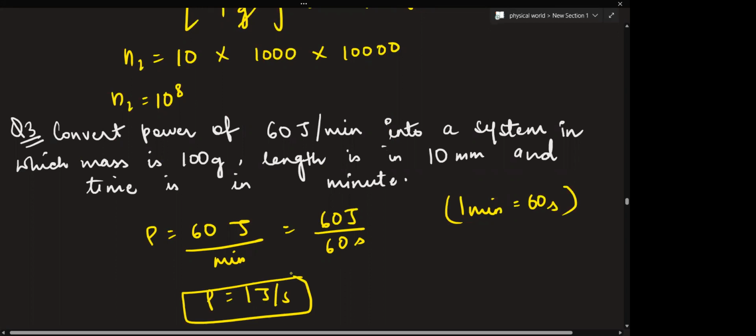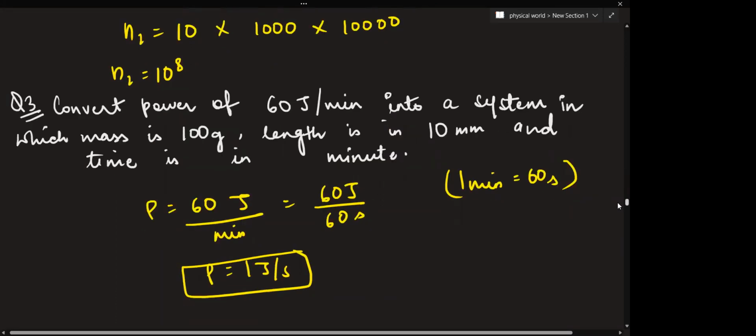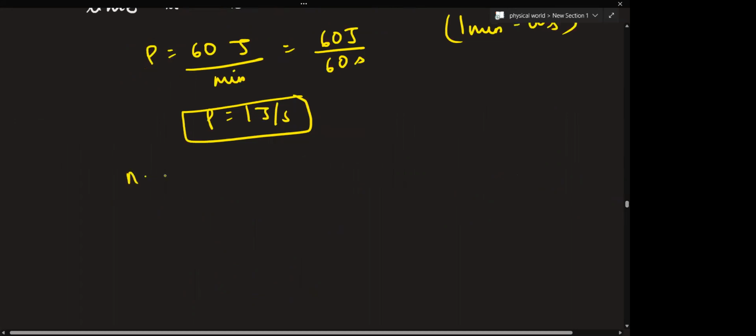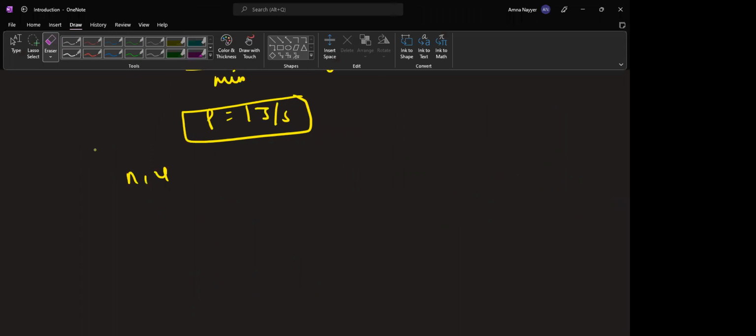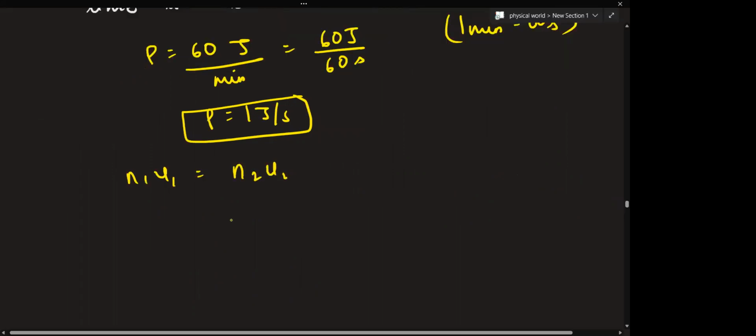You have to convert it into a system where mass is 100 grams, length is 10 millimeters, and time is in minutes. As in, you know this formula, N1 U1 is equal to N2 U2. 1 joules per second is the SI unit, N2 you don't know, and this is the new unit of it.